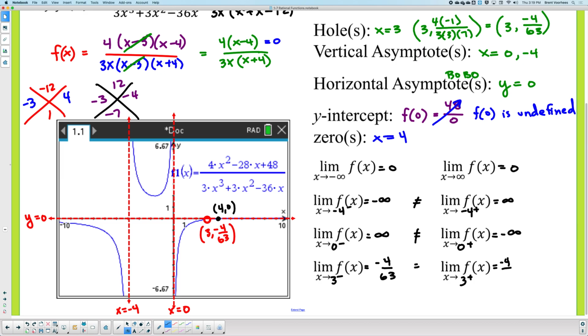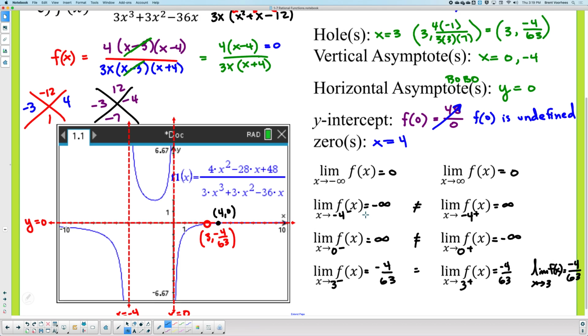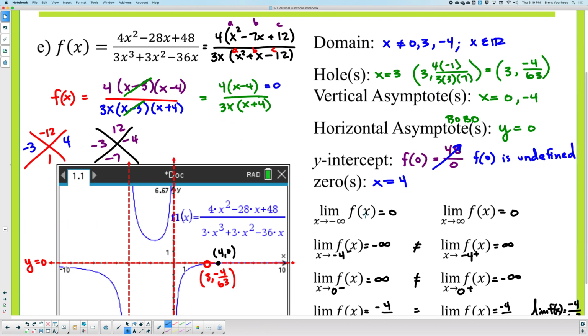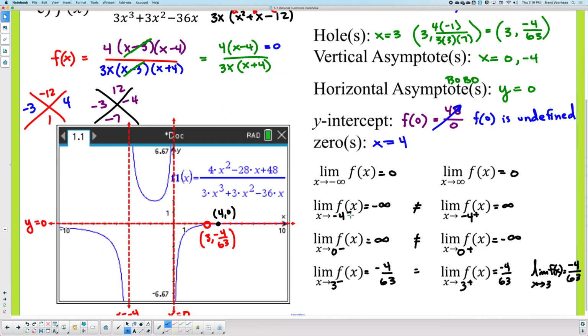Because they're equal, the limit of f of x as x approaches 3 would exist, and it would be that value, negative 4 over 63. So, a whole lot of practice on working through those. That's how we get through this algebraically. That's how we find all those values.